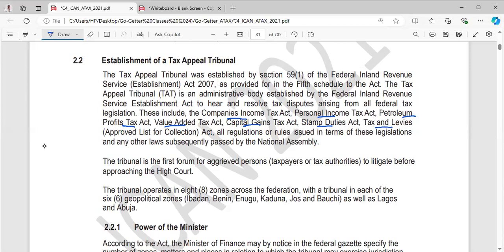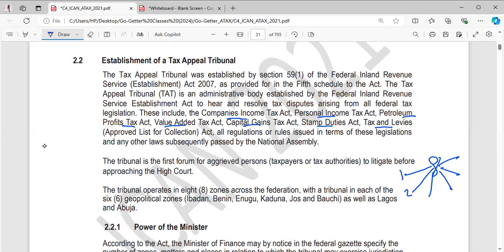Now, where is this tax appeal tribunal operating from? Where are their offices? There are 8 zones of the tax appeal tribunal. We have 6 in the 6 geopolitical zones: 1, 2, 3, 4, 5, 6.